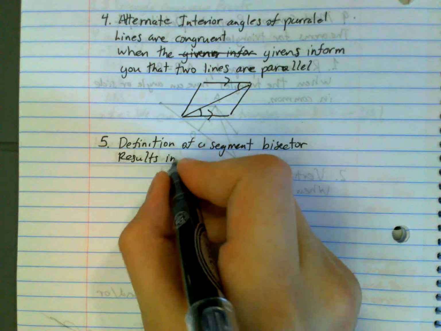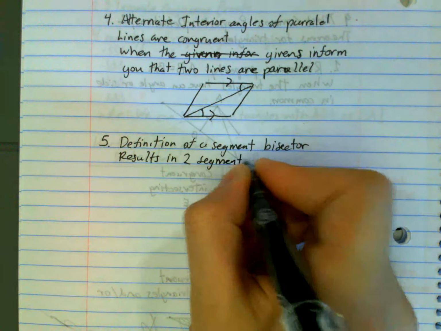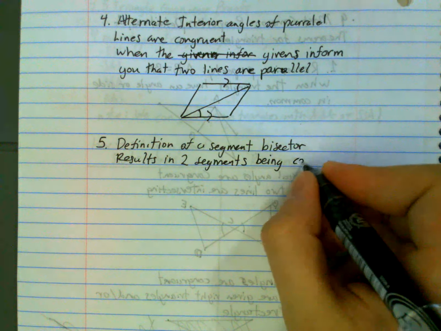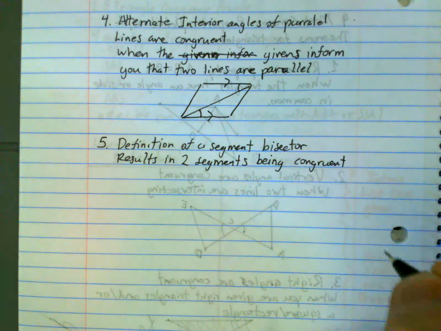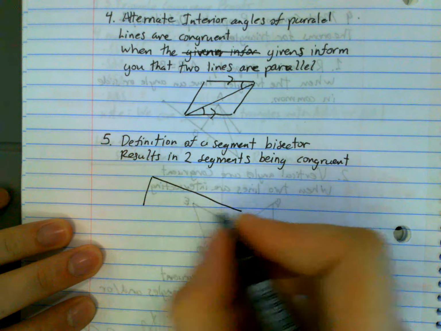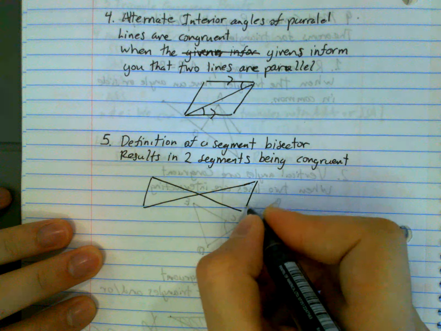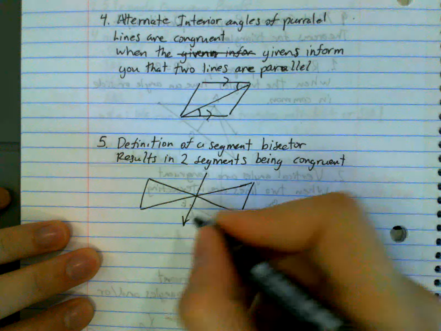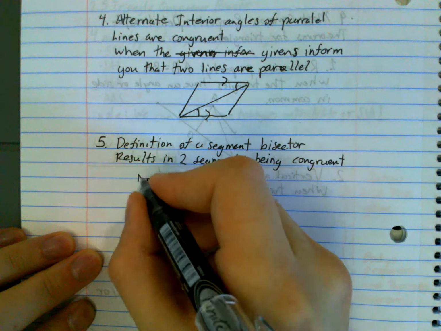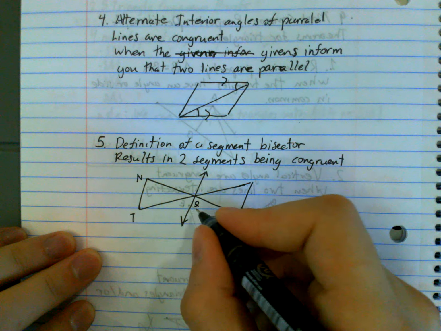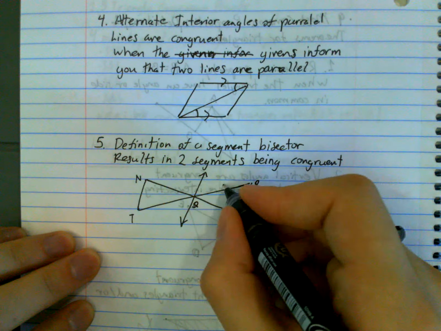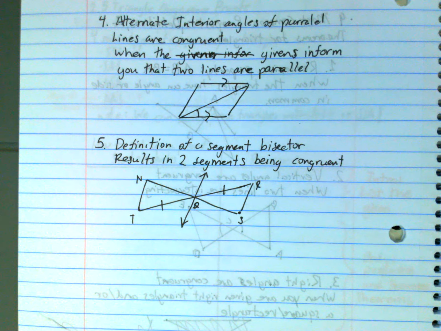Results in two segments being congruent. This will be congruent to this, like so.